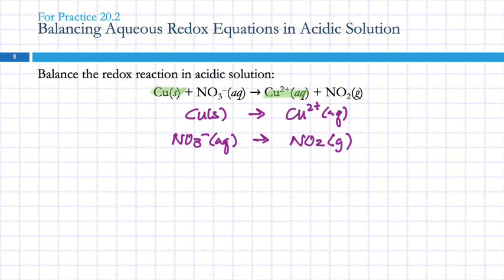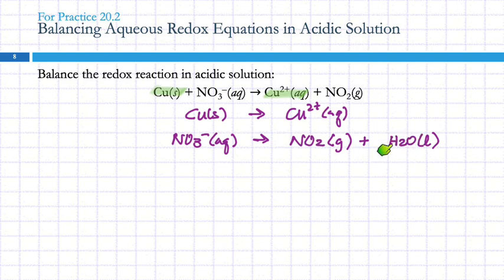So I need another oxygen on this side. So I'm going to write H2O. So now I have 2 oxygens plus 1, total of 3 on that side. Now I created a new problem with hydrogens. We're going to balance the hydrogens by adding hydrogen ions, and they're not going to mess anything else up.